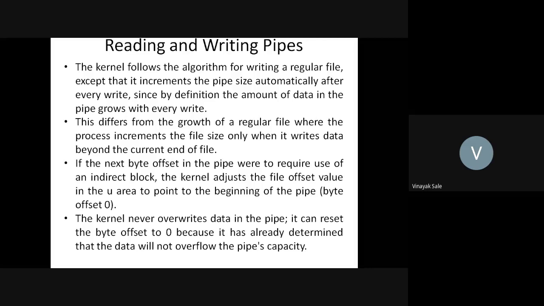So for writing, the kernel follows the algorithm for a regular file and increments the size automatically after every write, since by definition the amount of data in the pipe grows with every write.